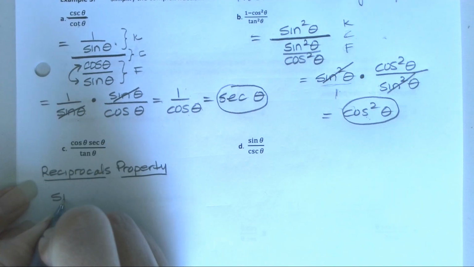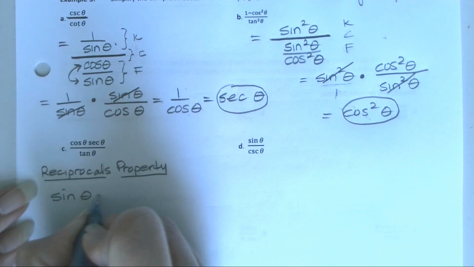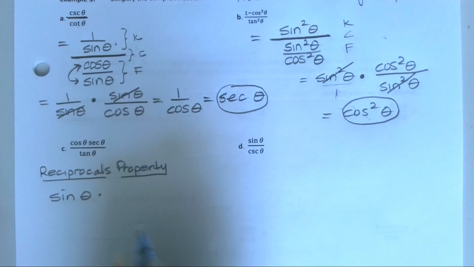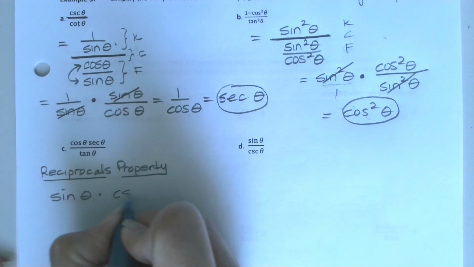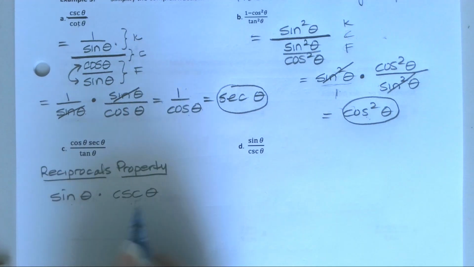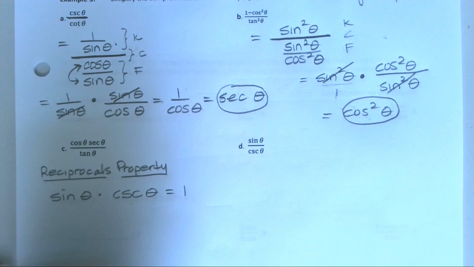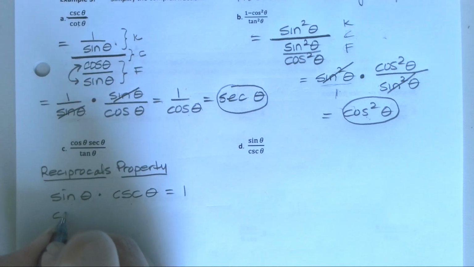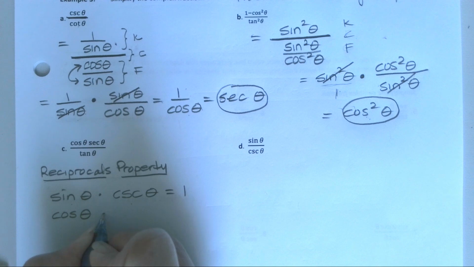If you have a sine function and you multiply it by the reciprocal, which one's the reciprocal of sine? What does it start with? C. It starts with the C, right? So that one's the CSC one, cosecant. If you take sine and you multiply it with cosecant, the answer is going to be 1. Another one, if you have cosine theta and you multiply it by which one?